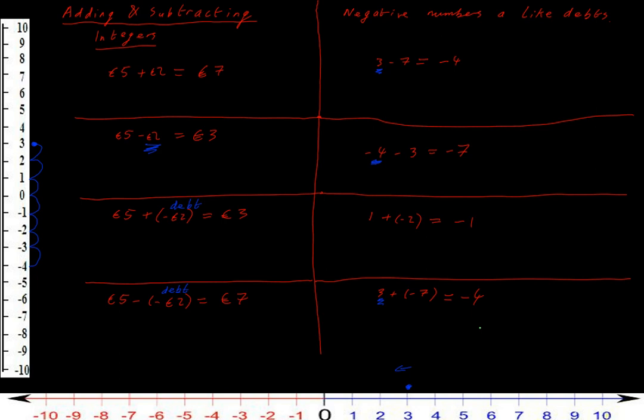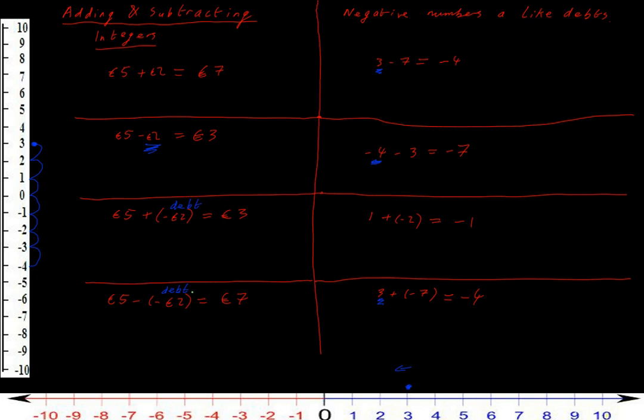Now in these examples you can possibly start to see a little bit of a pattern. I have 3 plus minus 7 ends up being the same as 3 minus 7. 5 minus minus 2 ends up being the same as 5 plus 2. Now you might be able to spot the beginnings of a pattern here, and we're going to come back to that very soon.